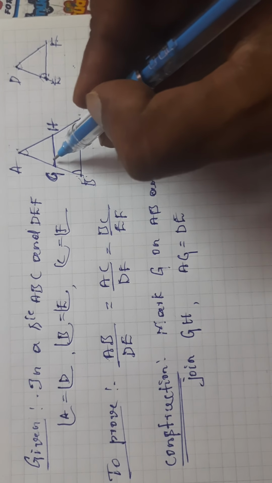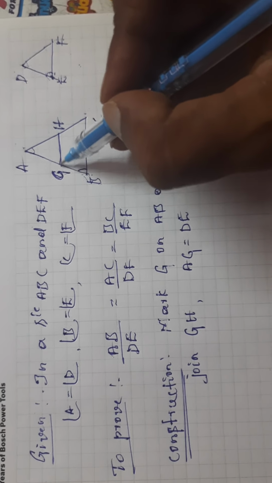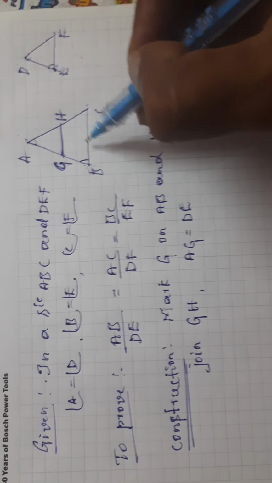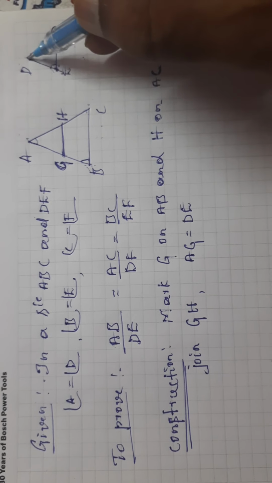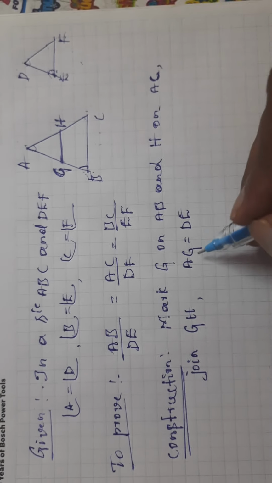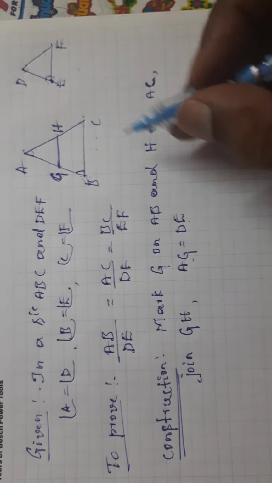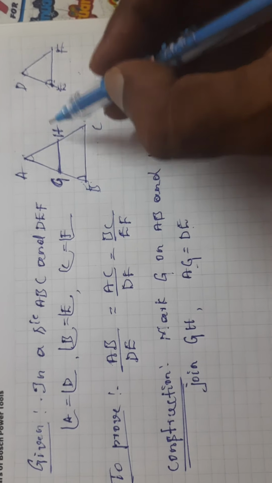When we draw GH parallel to BC, AG is equal to DE. That type of construction we need to construct.